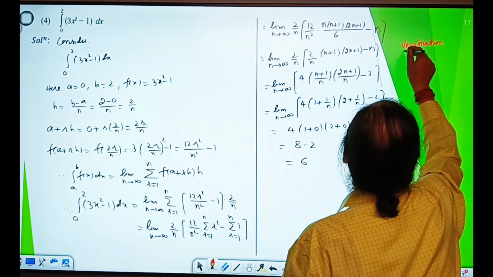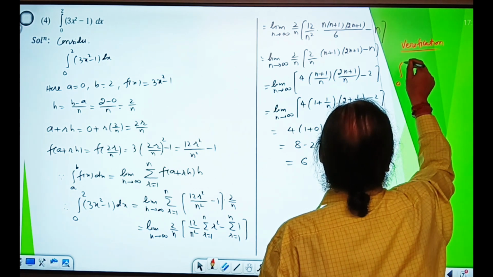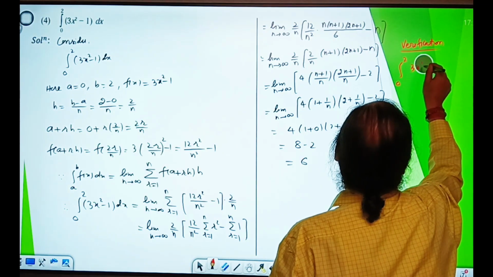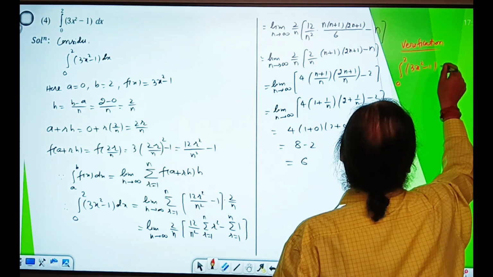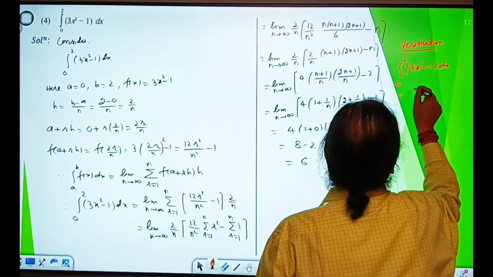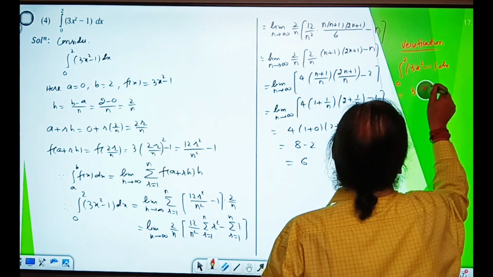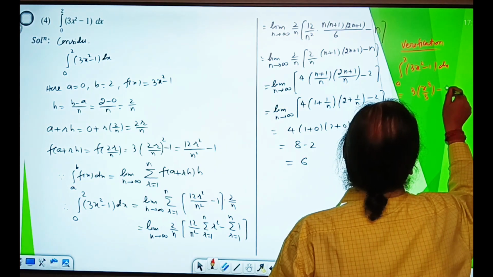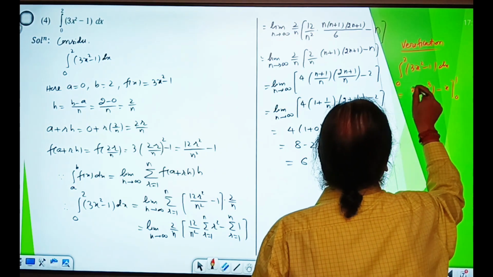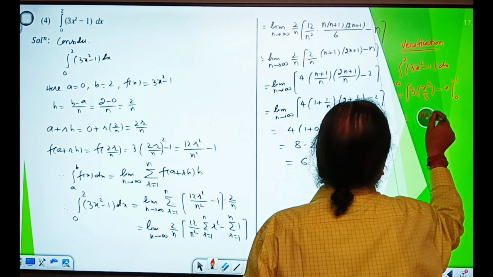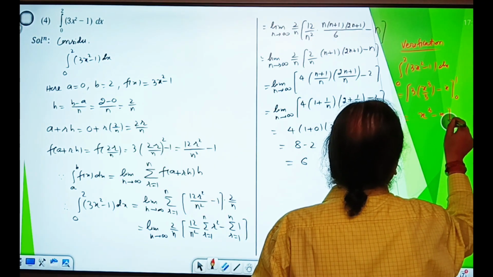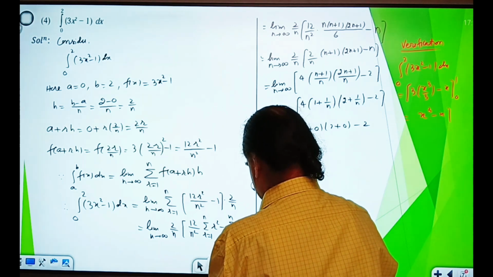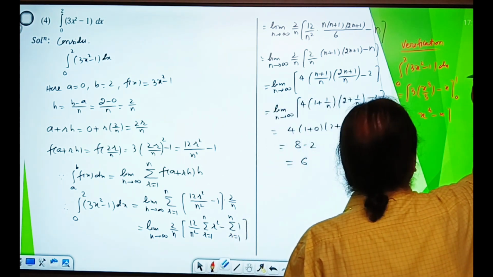Verification. Integral 0 to 2, 3x square minus 1 dx. Integration of what? 3x cube by 3 minus x, between 0 to 2, x cube minus x, 0 to 2.